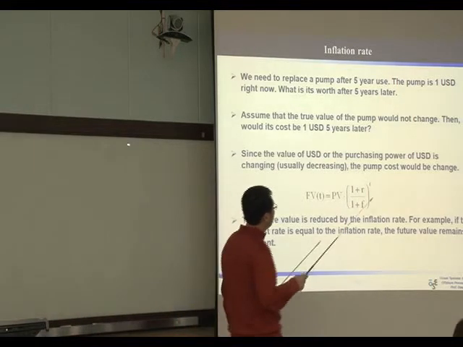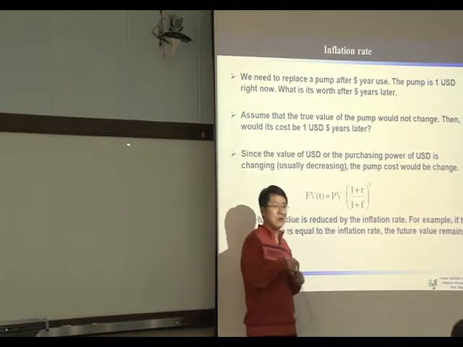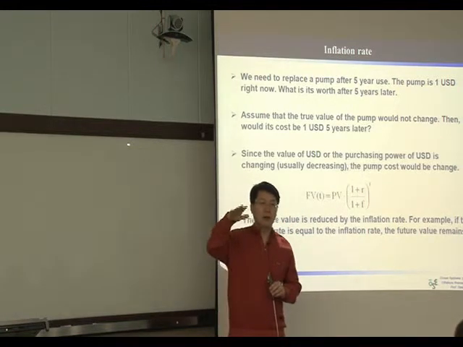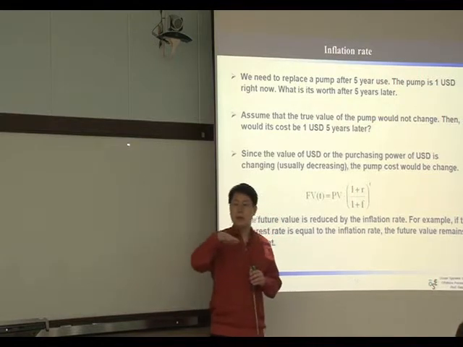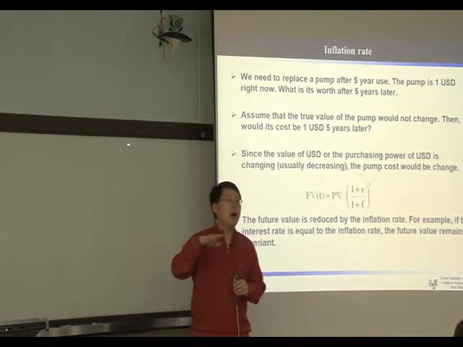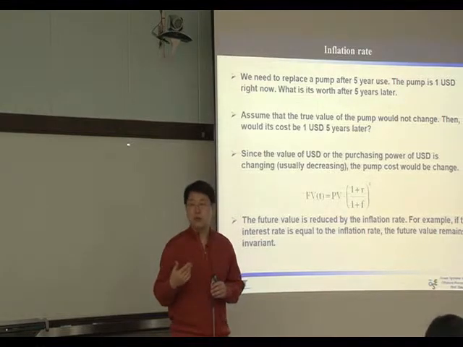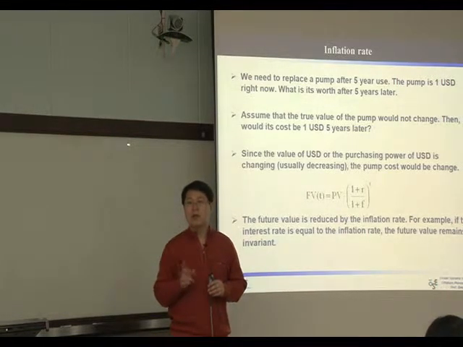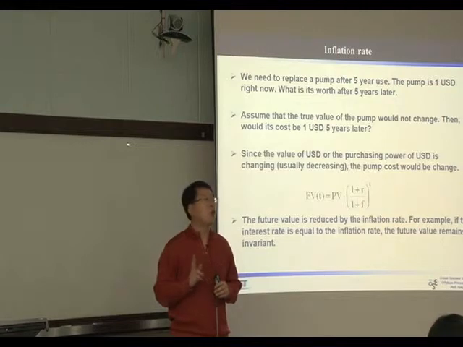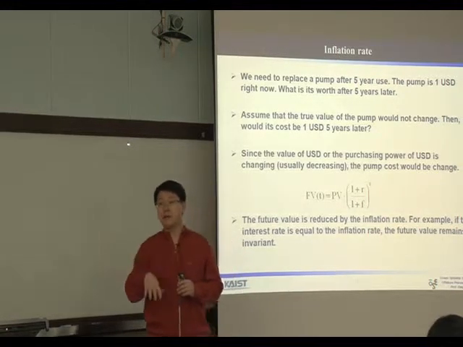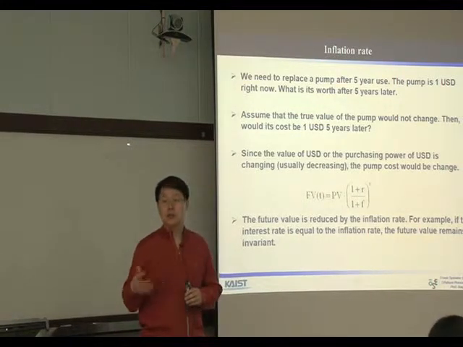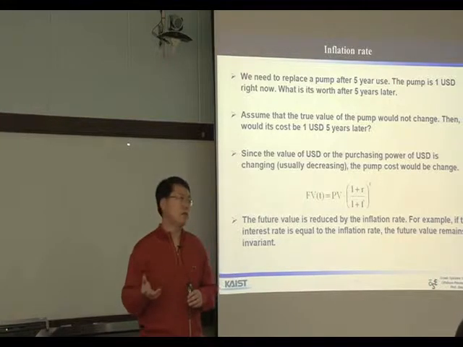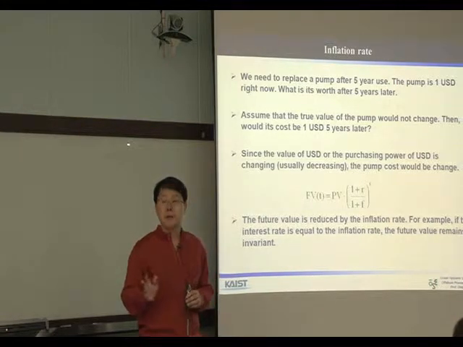The numerator is the increase due to the interest rate. The denominator is the discount by the inflation. So usually these two rates are nearly equal. What I mean is that if the interest rate is 5%, the inflation rate is around 4 to 5%.